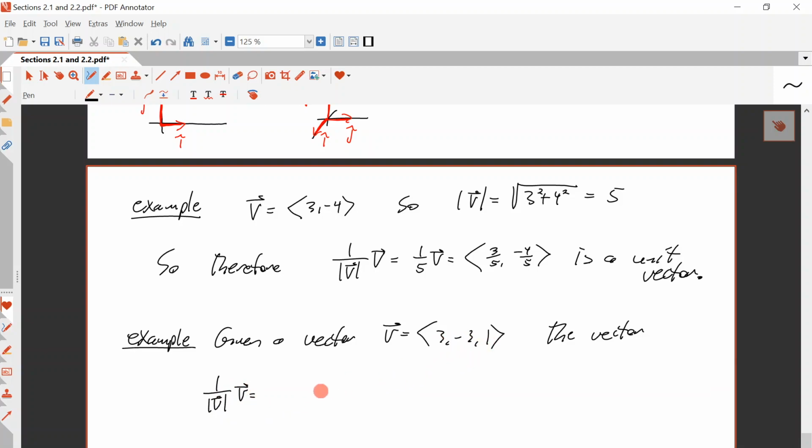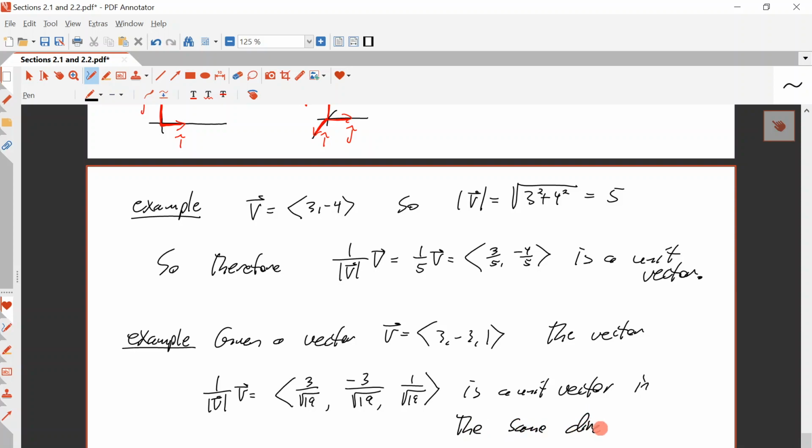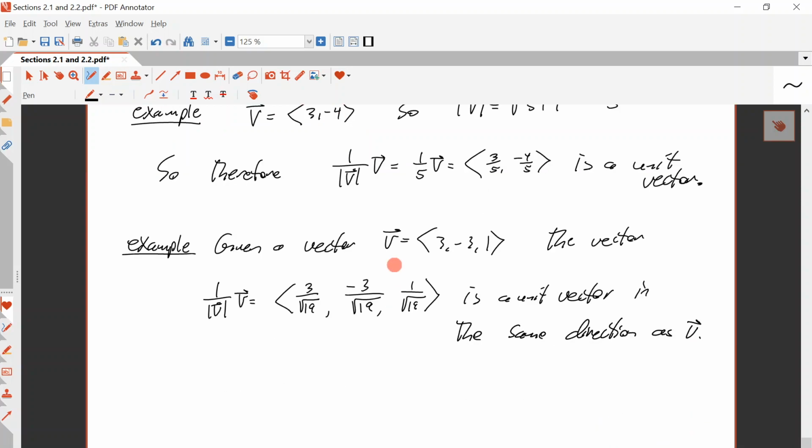Square root 19. So this is equal to (3 over square root 19, -3 over square root 19, 1 over square root 19), which is a unit vector in the same direction as v.